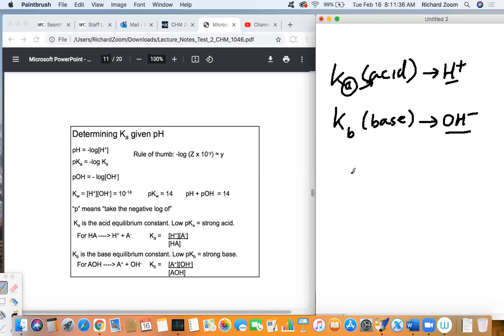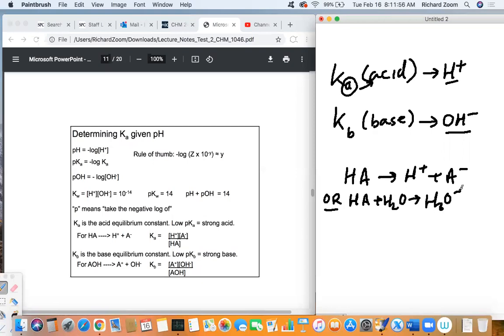So the way that works is, for the acid, we can do HA gives H plus A minus, or we can do HA plus H2O gives H3O plus A minus.